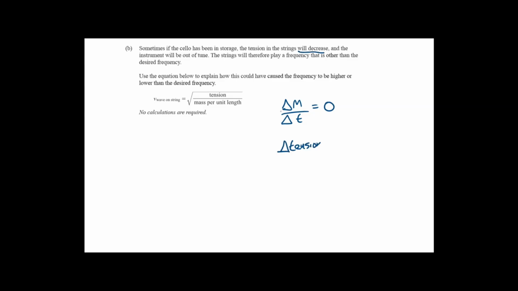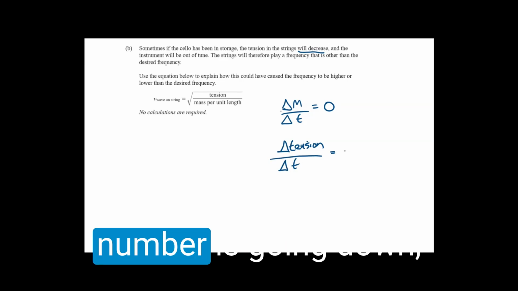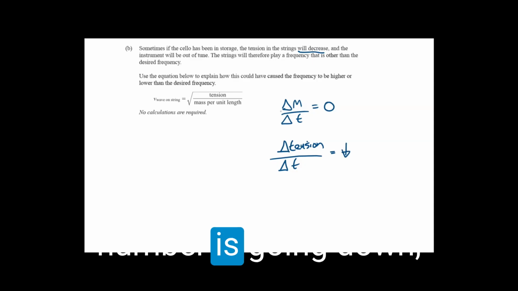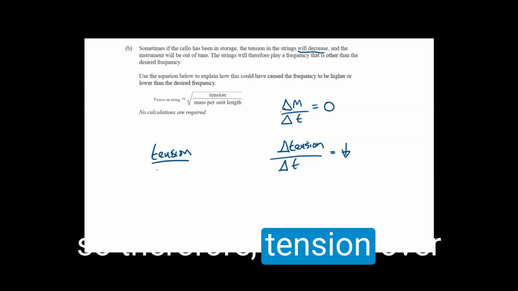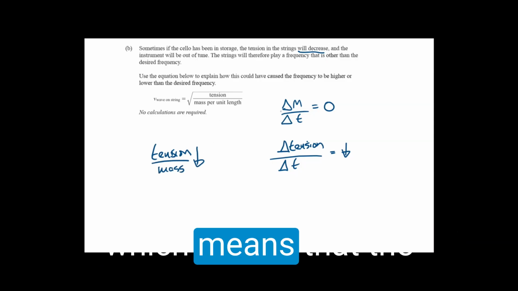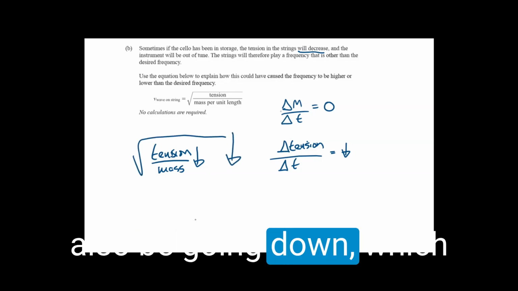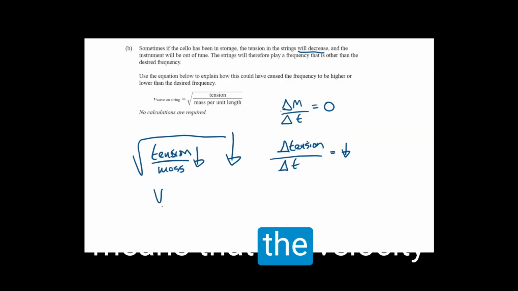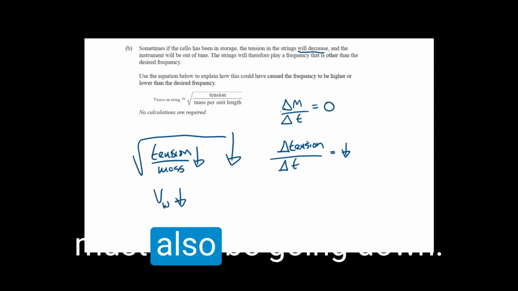So change in tension over change in time is a negative number, it's going down. So therefore, tension over mass must be going down, which means that the square root of that must also be going down, which means that the velocity of the wave on the string must also be going down.